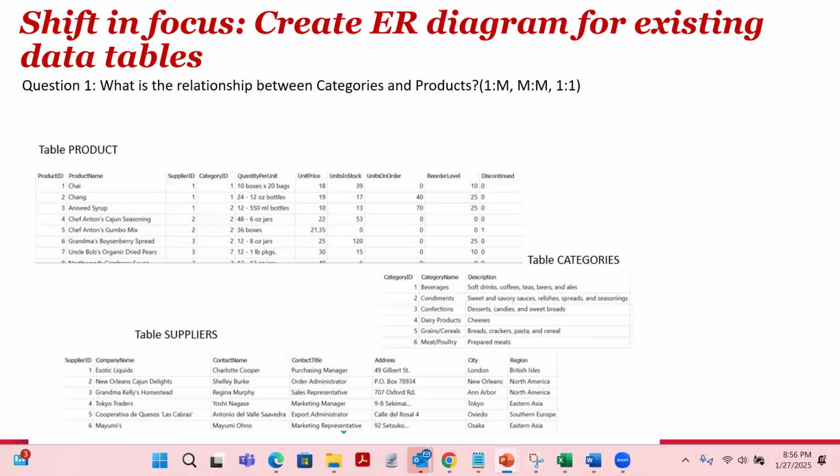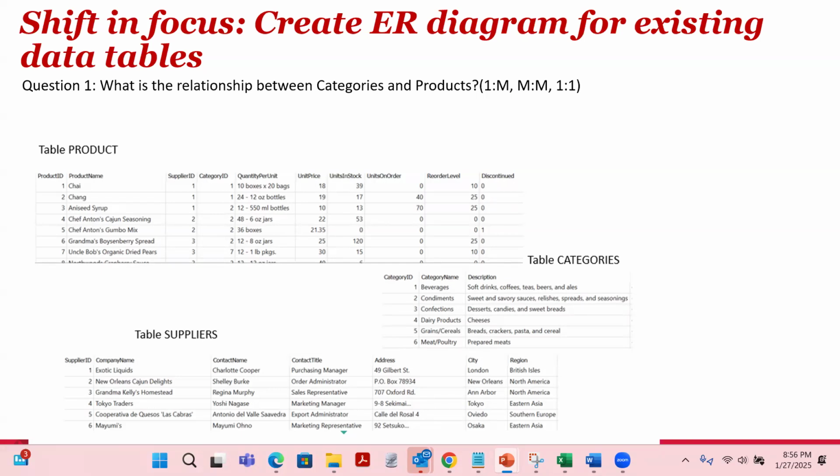One product belongs only to one category, similar to a supplier. So one product can be shipped only by one supplier, but one supplier can supply multiple products, right? So product to supplier, it's a one-to-many relationship.